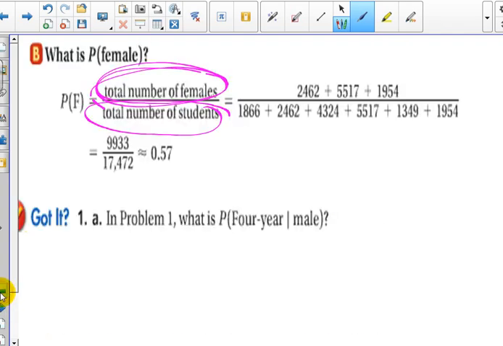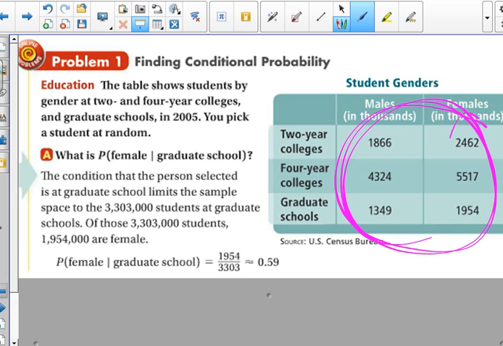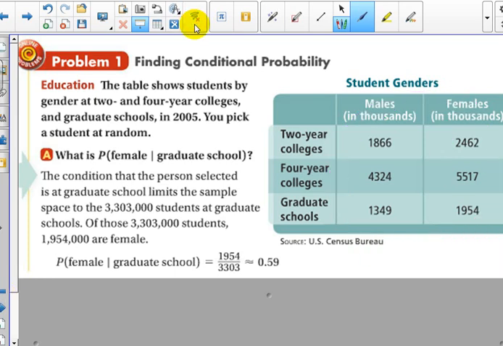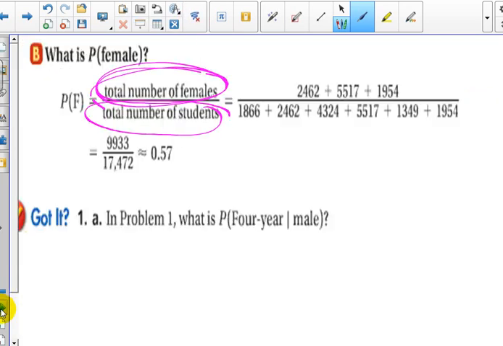So, whoops, wrong way. So all the females is your numerator, over all students as the denominator. So when you do that, you get about 57%.